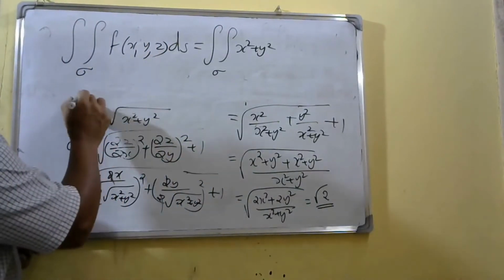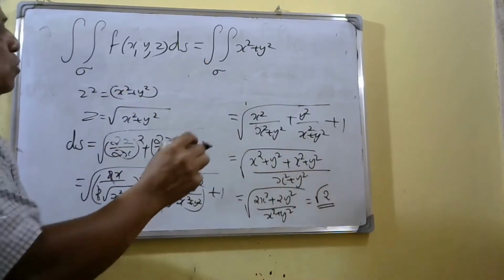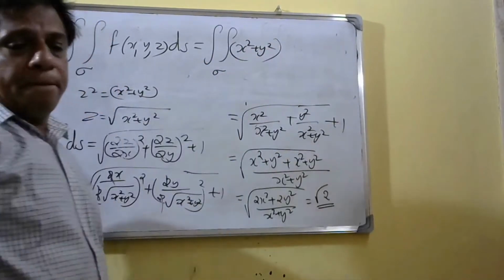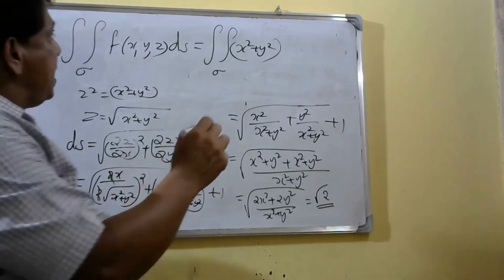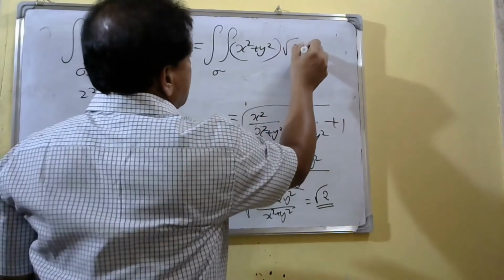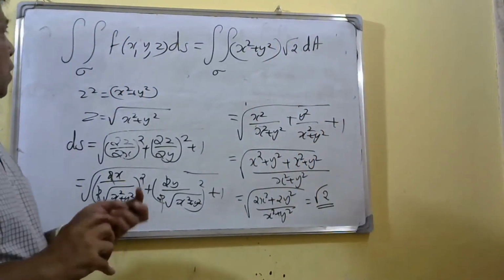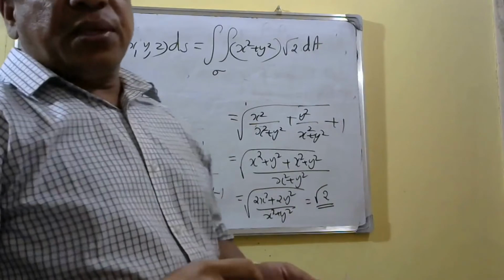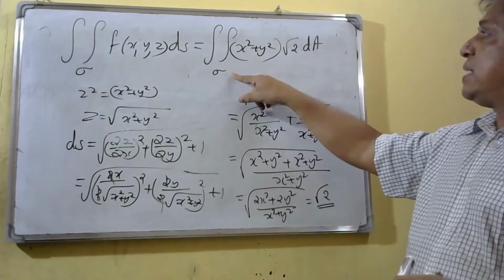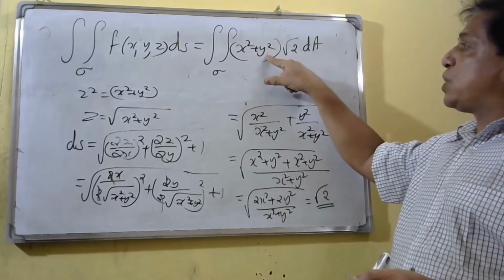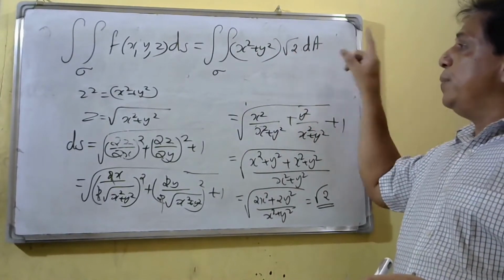Therefore, z square is equal to x square plus y square. Then ds is equal to root 2 dA. Therefore, double integral sigma f of x y z ds is equal to double integral of x square plus y square into root 2 dA.